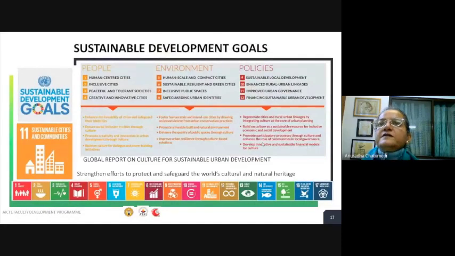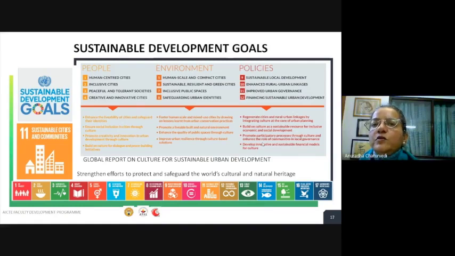When we look at the Sustainable Development Goals, there are aspects such as human-centered cities, inclusive cities, human scale and compact cities, sustainable, resilient and green cities, which are aspects which have traditionally characterized our historic cities.